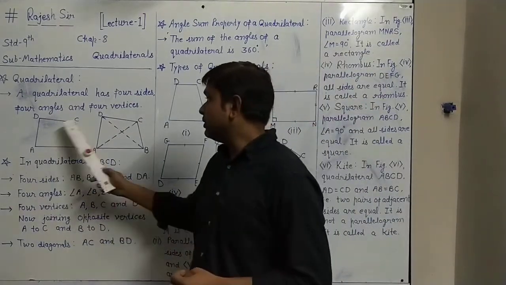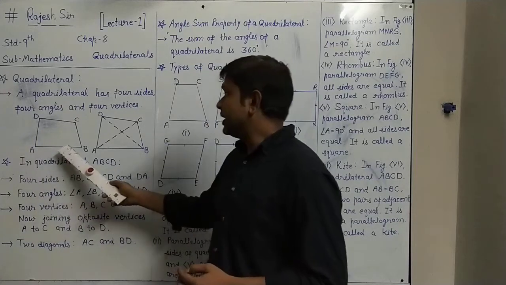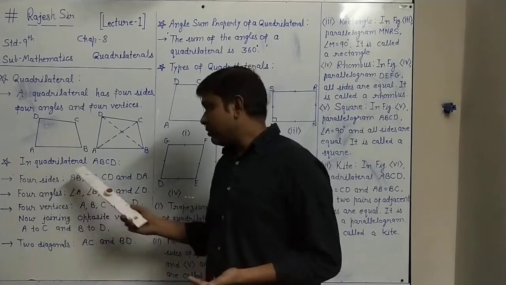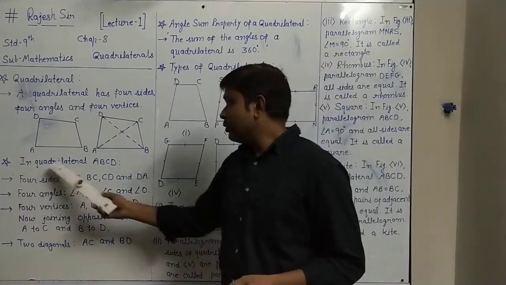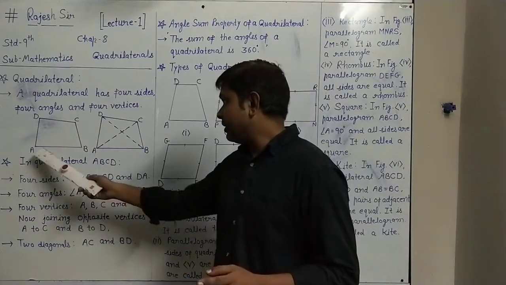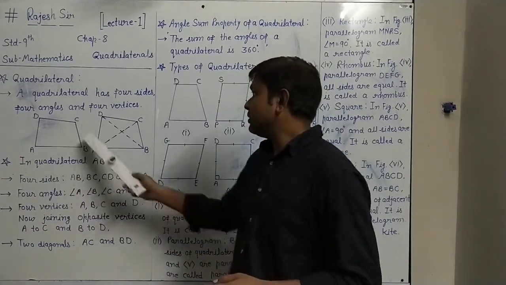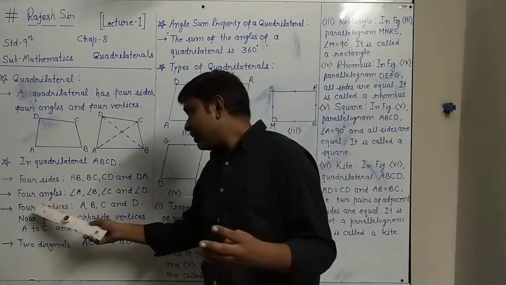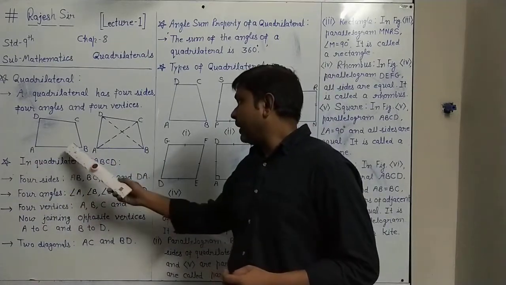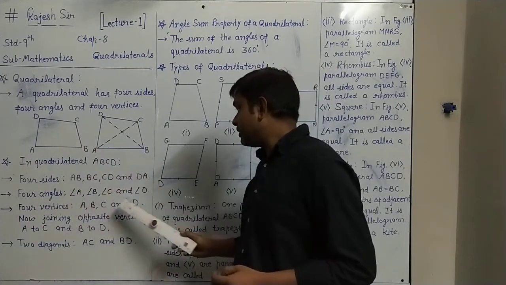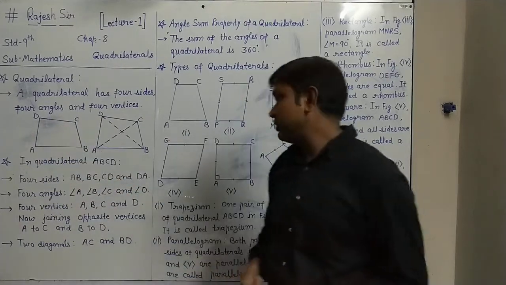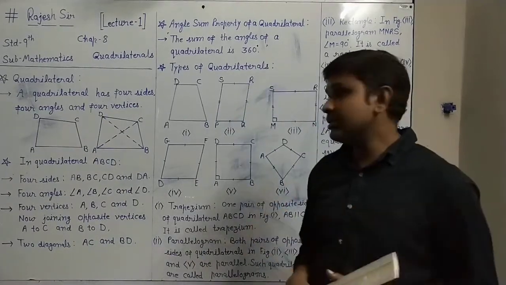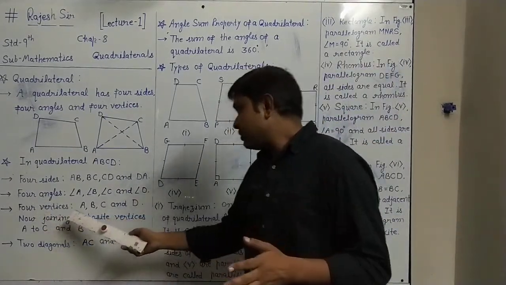This figure is given, A, B, C, D, having 4 sides, 4 angles and 4 vertices. Here we have mentioned it all. In quadrilateral ABCD, 4 sides are AB, BC, CD and DA. 4 angles are angle A, angle B, angle C and angle D. And these 4 points which are on the vertex are called vertices of the quadrilateral ABCD.